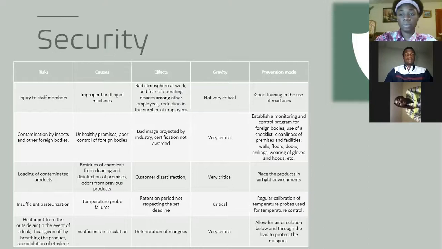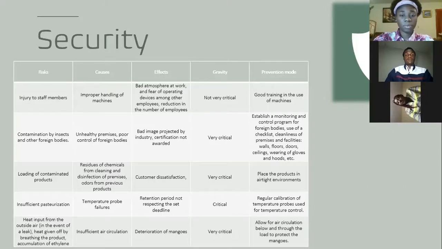Let's visualize this security table. For example, a risk: contamination by insects or other foreign bodies. Cause: unhealthy premises, poor control of foreign bodies. Effect: bad image projected by the industry, certification not awarded.